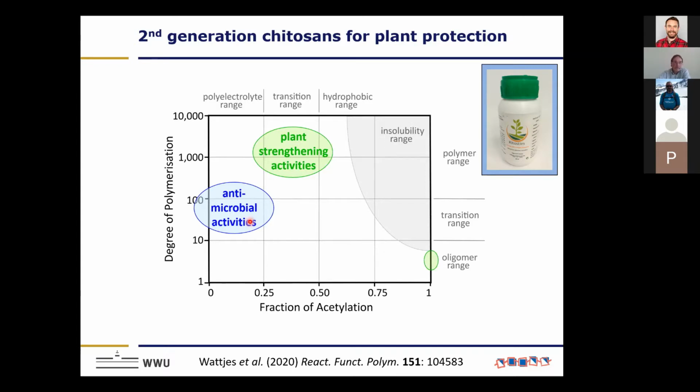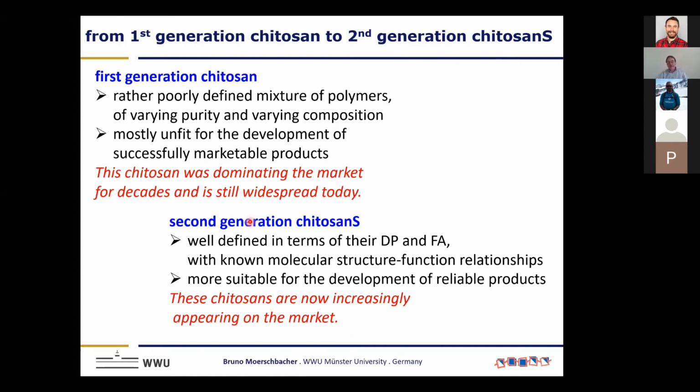So based on this work, we were quite content with what we achieved for plants, but, and this is actually now true for many other areas of research and applications as well, of course, we were not the only ones to find that if we can control the degree of polymerization and the fraction of acetylation, then we can come up with chitosans which have reliable structure-function relationships, reliable bioactivities, and then they can be used for the development of products.